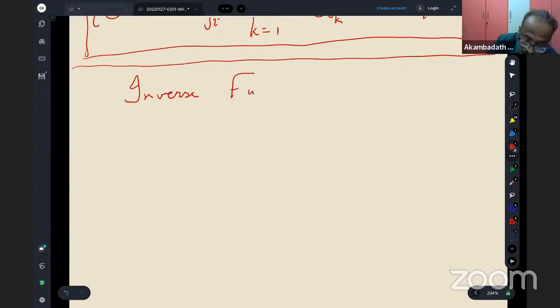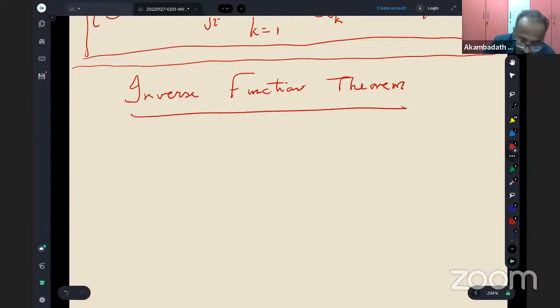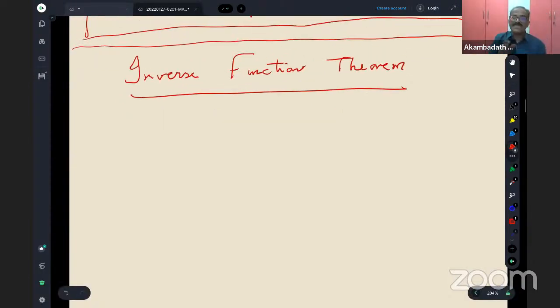Inverse function theorem. We already motivated it. In some sense, we have also explained it to you. So whenever you state a theorem, make sure what your assumptions and settings are. You have a few things to understand when you read a theorem.